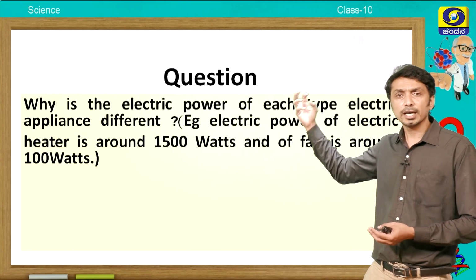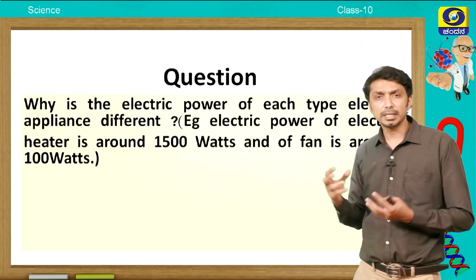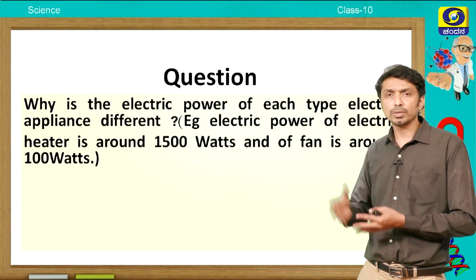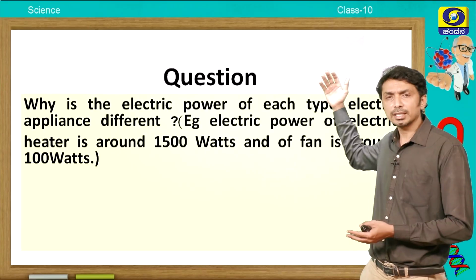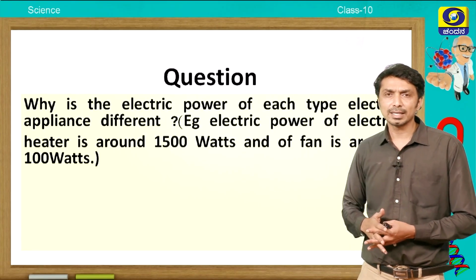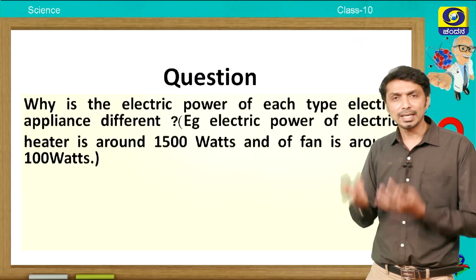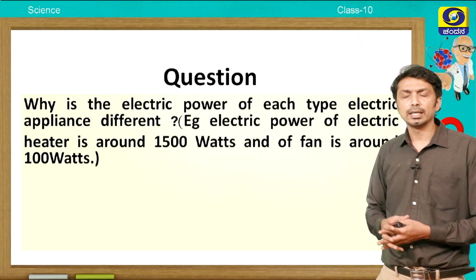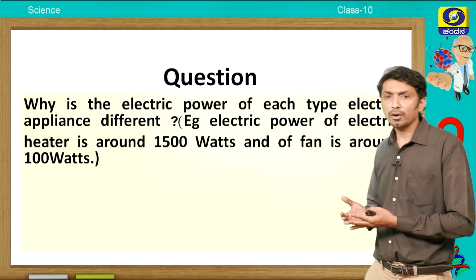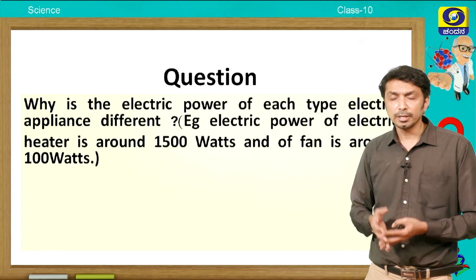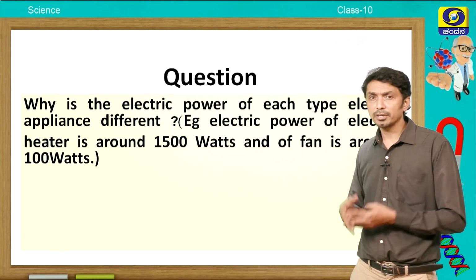And also they are made up of different materials which have different resistances. So, if you compare a fan with an electrical heater, you will see that a fan is a lower power electrical appliance because it uses a lesser amount of electrical energy. So, its electrical power is less, whereas the electrical heater or electrical iron box utilizes a huge amount of electrical energy, therefore, its electrical power is very high.